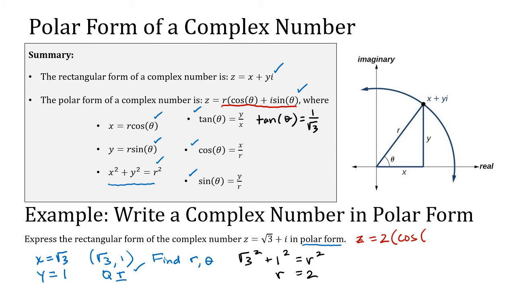If I want to use cosine, I can, but let's see, I would have square root of 3 over my r value of 2. If I've made a mistake in solving for my r value of 2, then of course I'm going to make the same mistake up here when I try to solve for theta.